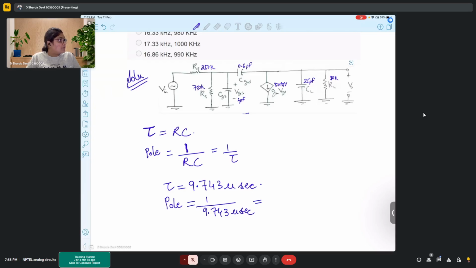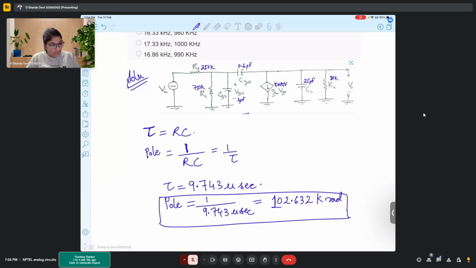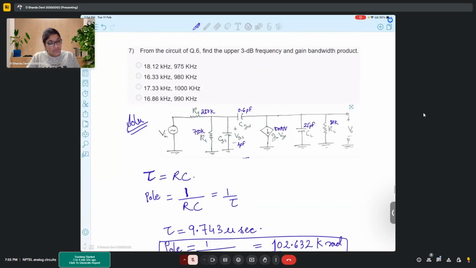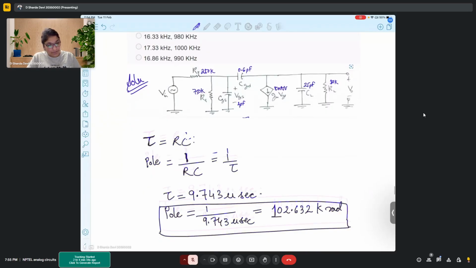If I tell you the value of pole, it is 102.632 kiloradians. This is the value of pole. Another question was to find the gain bandwidth product.